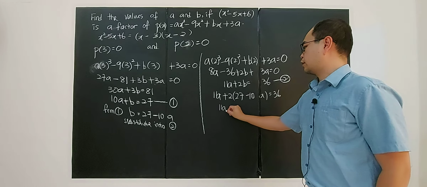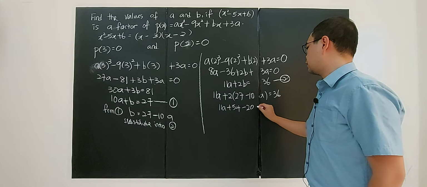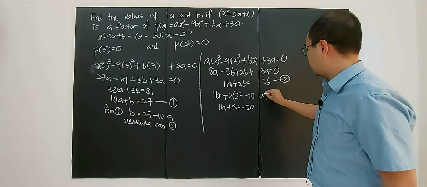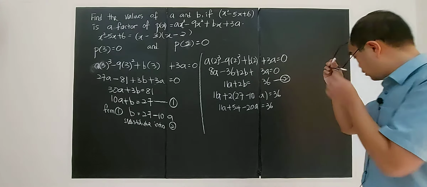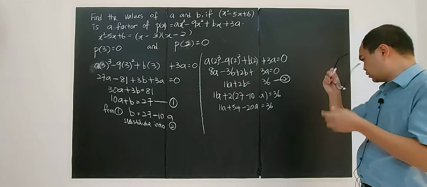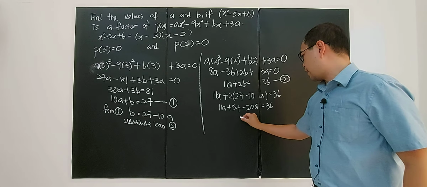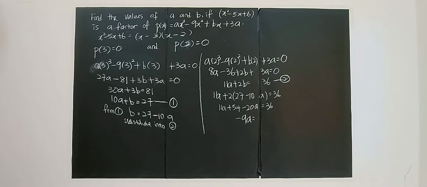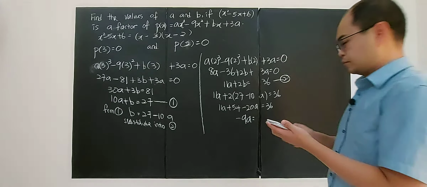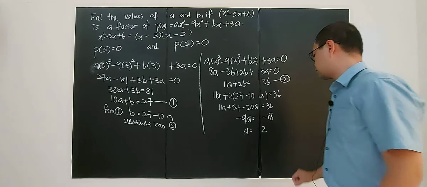So slowly doing, 54 minus 20a equals 36. So 11a minus 20a, you have negative 9a, and 36 minus 54, I think you have negative 18. Therefore you have found that a is 2, right?